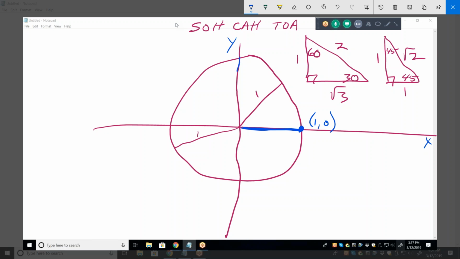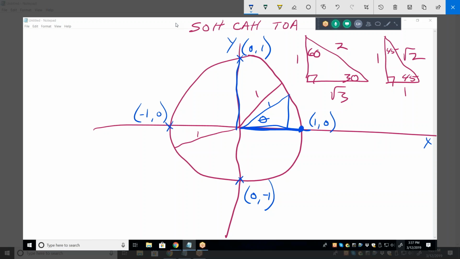What's this one? What's this one? And this one. Now, take a look at this angle right here. Let's call that theta. Notice that that's 1. It's a radius, right?